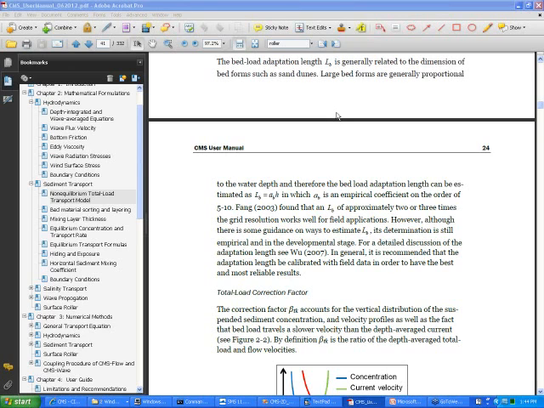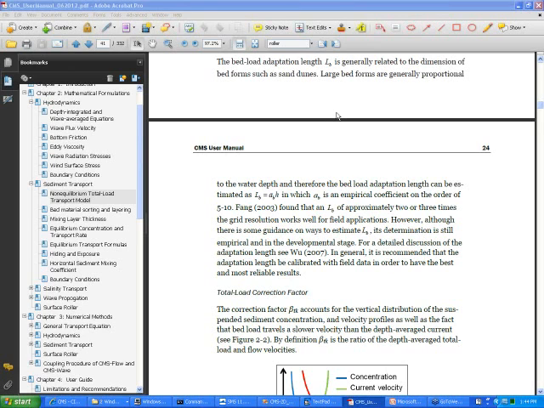So for example, in the V&V report, for the laboratory cases that we ran, some of those were sensitive to the adaptation length, but they were laboratory cases, very small scale, high resolution cases. When we do field cases of large places like Grace Harbor, Columbia River, the results are not sensitive to the adaptation length. They are a lot more sensitive to the equilibrium sediment transport formula for every case.